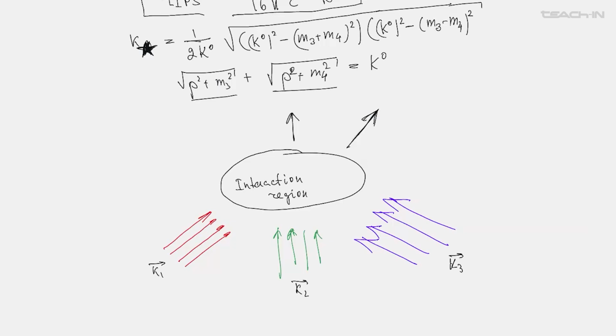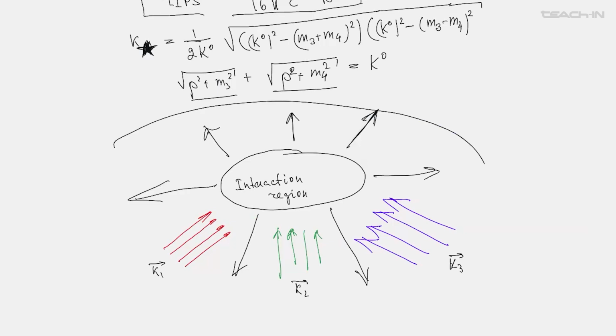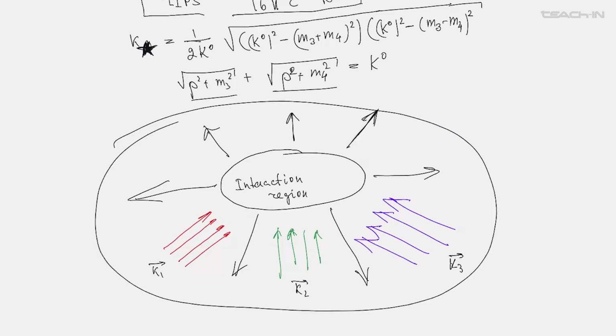You have your detectors around, and you measure in these detectors the outgoing debris. And the quantity which I would like to measure in this scattering experiment is what is called differential cross-section.